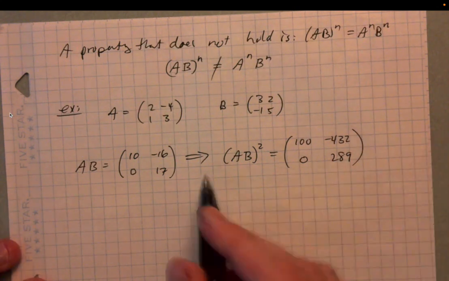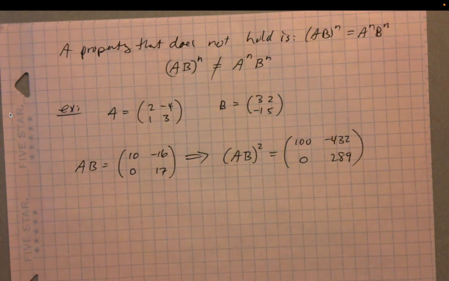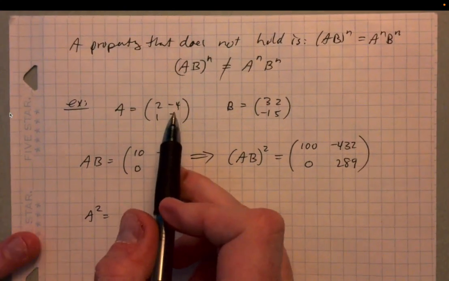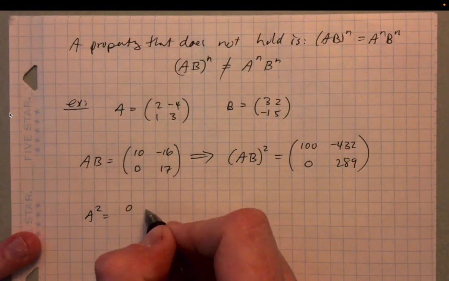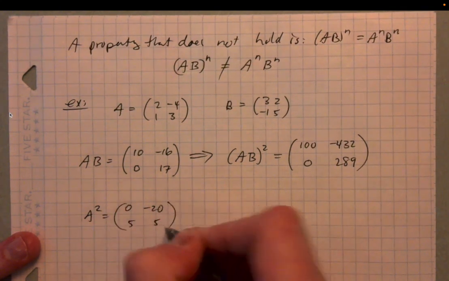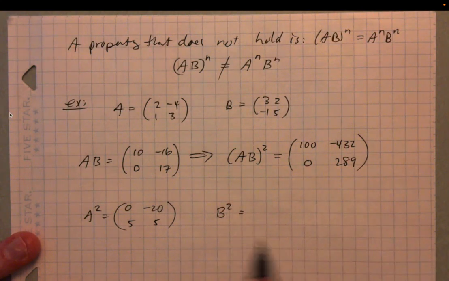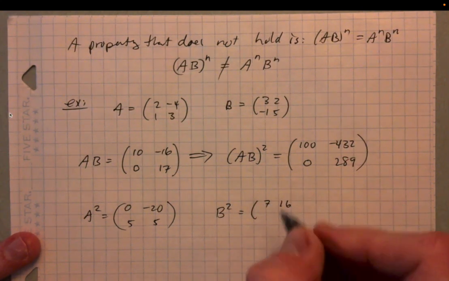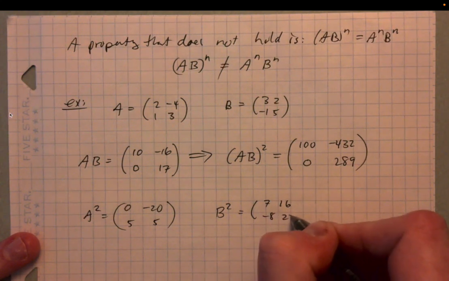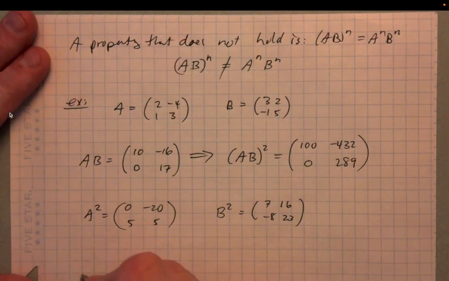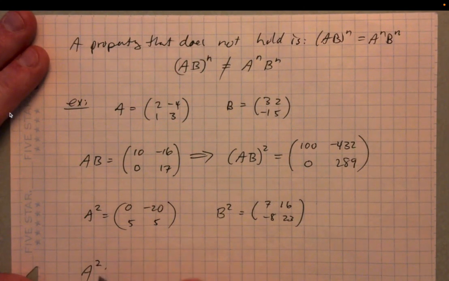All right, so that's AB squared. What's A squared? Well, that's just taking this matrix and squaring it, and what I end up with is 0, -20, 5 and 5. And B squared, if I square that separately, I get 7, 16, -8 and 23. Again, pause the video and confirm those products. And so then A squared times B squared.